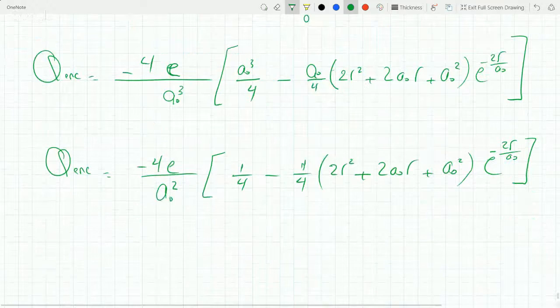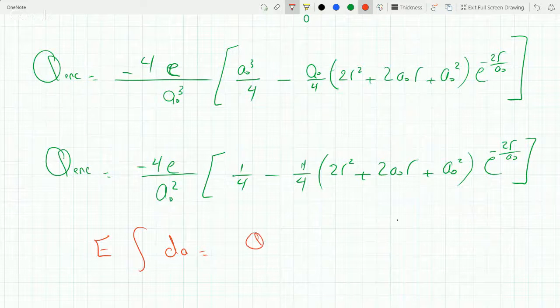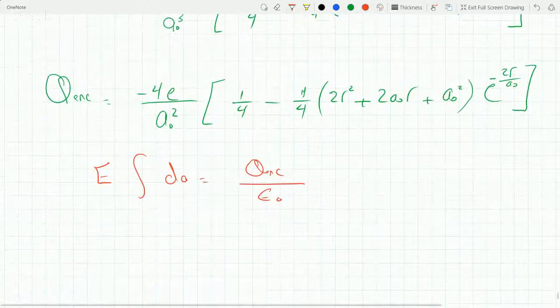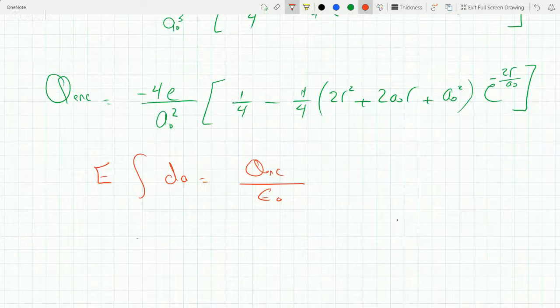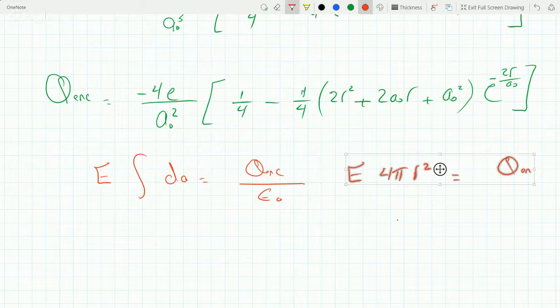Okay, so back to Gauss's law. The integral of E dA equals Q enclosed over epsilon naught. The area of the spherical surface is just the integral of dA. Since E is uniform, it can come out, and the area of the sphere is 4 pi R squared times E equals Q enclosed over epsilon naught.